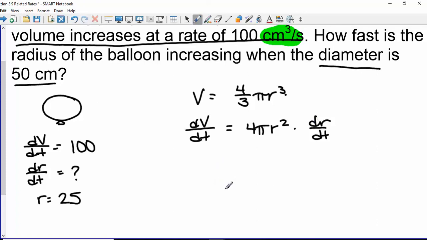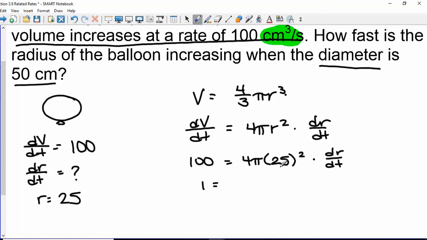All right. We can plug in now. My dV/dt was 100, equals 4 pi times 25 squared times dr/dt. Okay.